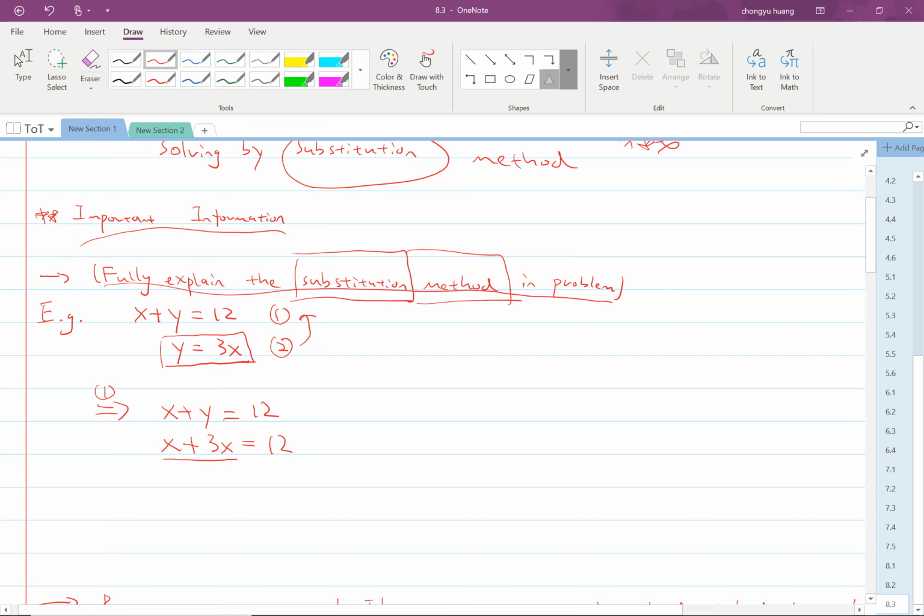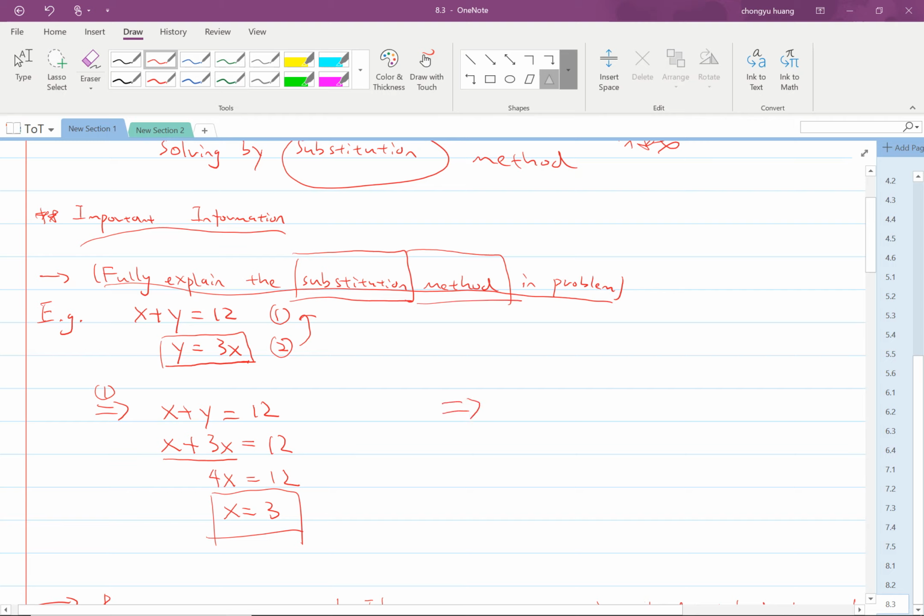After we substitute, all we have is x, so you are able to solve for x. We have 4x is equal to 12, so x is equal to 3.